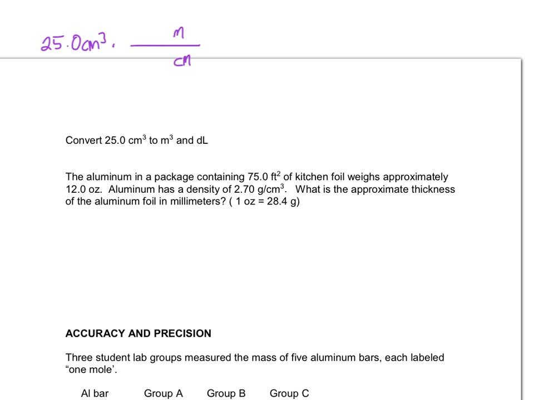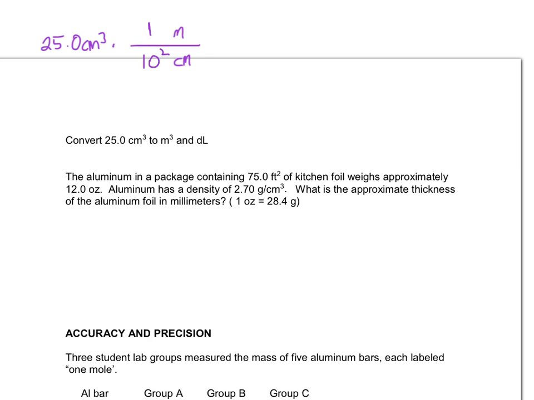So if I were just doing centimeters and meters, meter is bigger, so that gets 1. Centimeter is 10 to the second here. 1 meter is 100 centimeters. But that would convert it if it was a centimeter to a meter. I want it centimeter cubed to meters cubed.